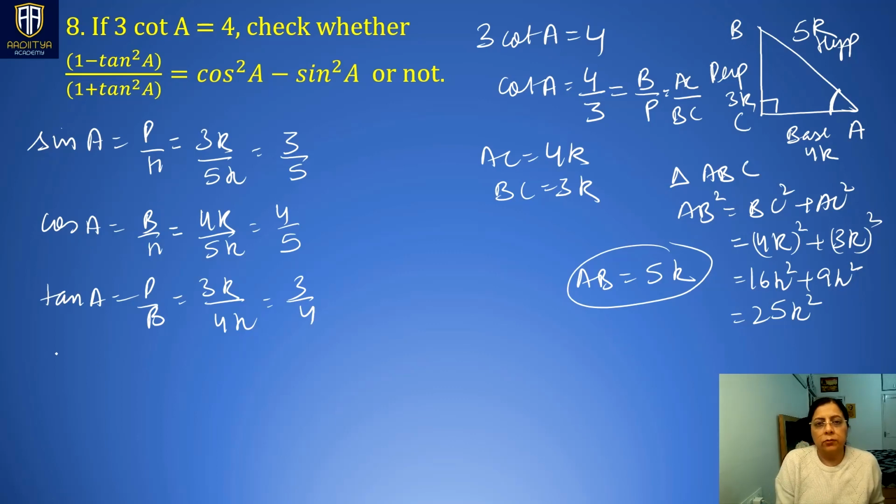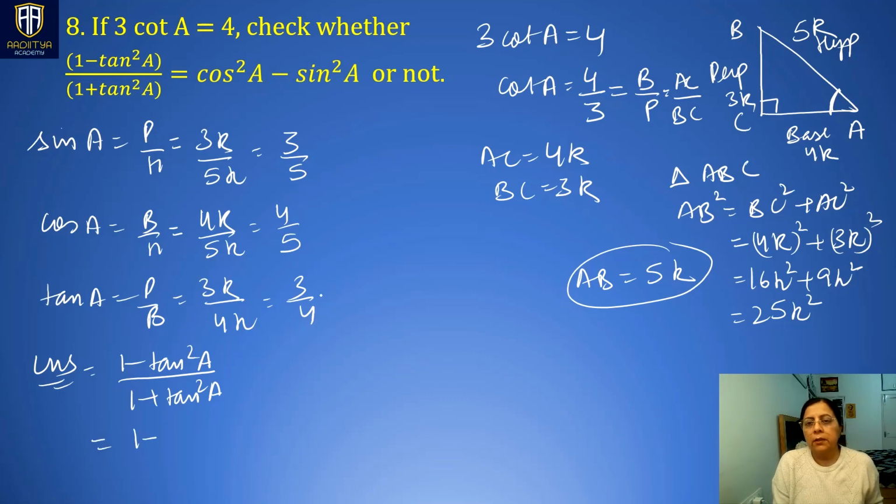Now we have to take the LHS first. LHS here is 1 minus tan square A upon 1 plus tan square A. Now let us put the value of tan A here. Tan A is 3 by 4, 3 by 4 whole square.